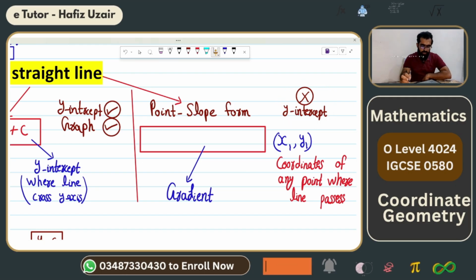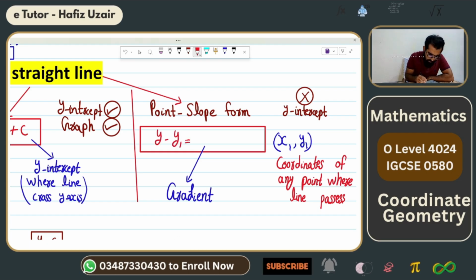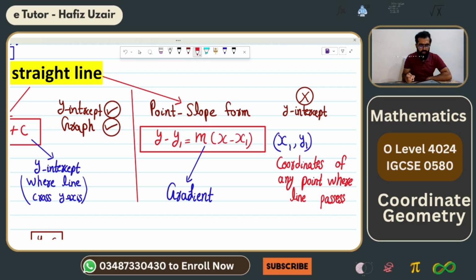This form of the equation of a line is y minus y1 equals m times (x minus x1). All right, this equation of a line is called point slope form. Slope is actually gradient, and point is any point. So what does point mean?